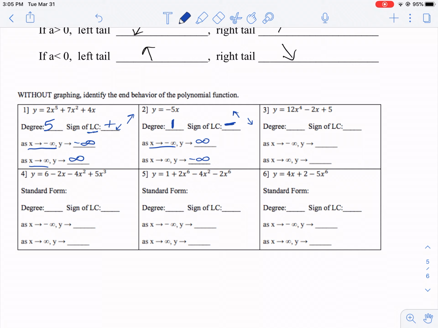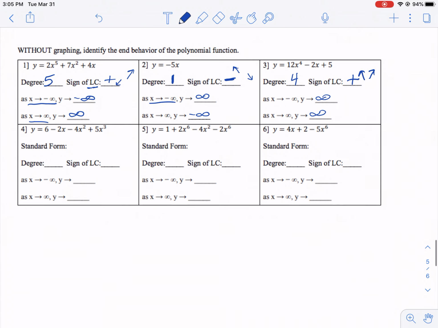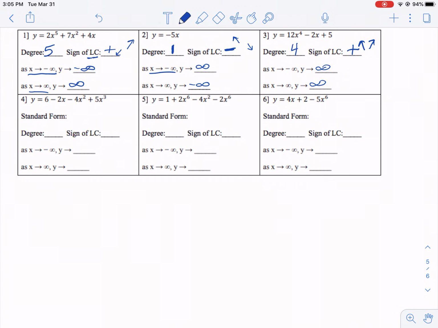Alright, number 3, the degree is 4. The leading coefficient is positive. That means my tails match because it's even and they go up. So as x approaches negative infinity, the y goes to positive infinity both times. They're both going up. Alright, number 4 is not in standard form. They give you space to write it.